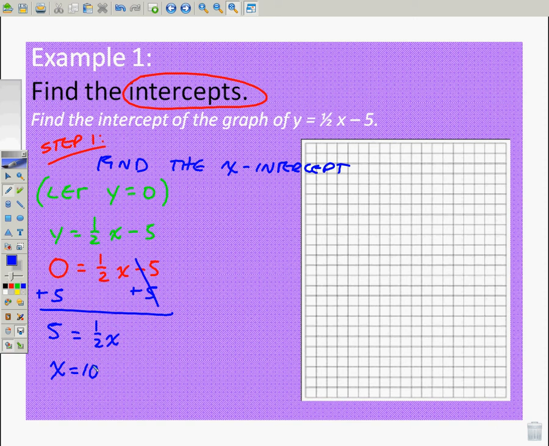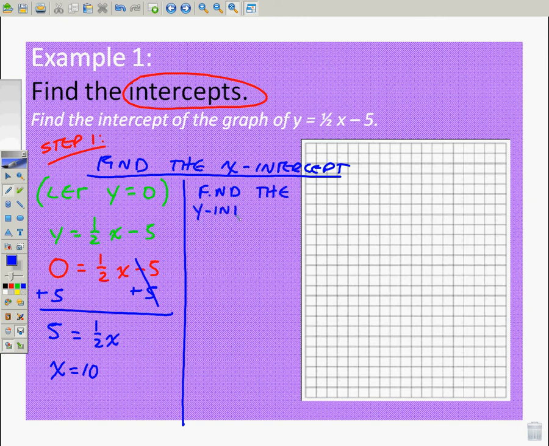So the x-intercept is going to be the point x equals 10. Now let's find the y-intercept.